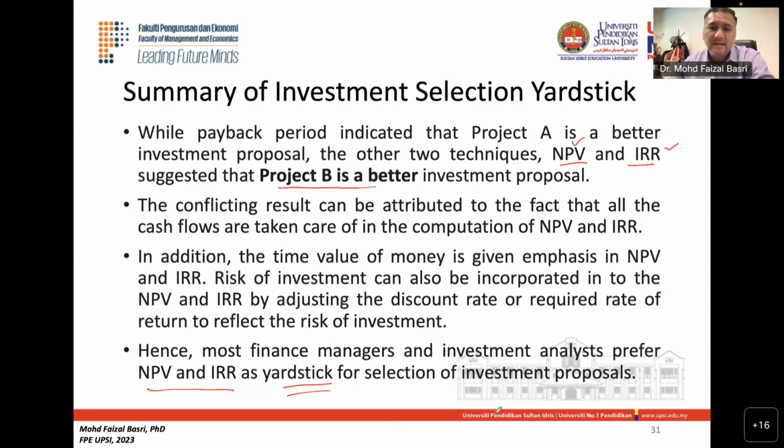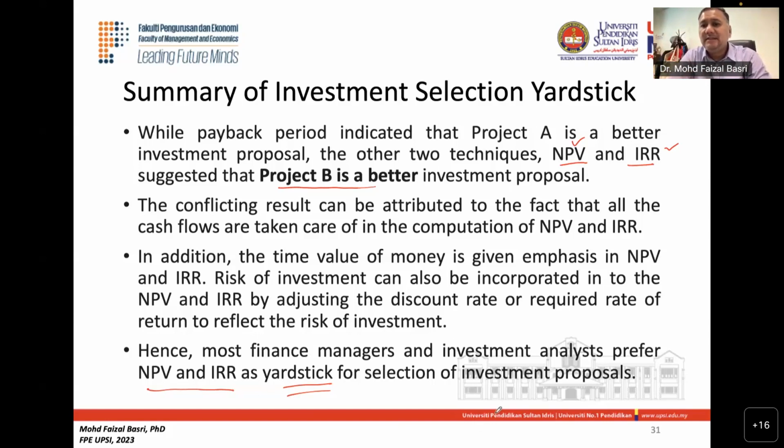So that's why the financial calculator is very, very important, because if we want to change the discount rate from 10% to 12, 14, or lower it down, just change one button, you get the NPV straight away.